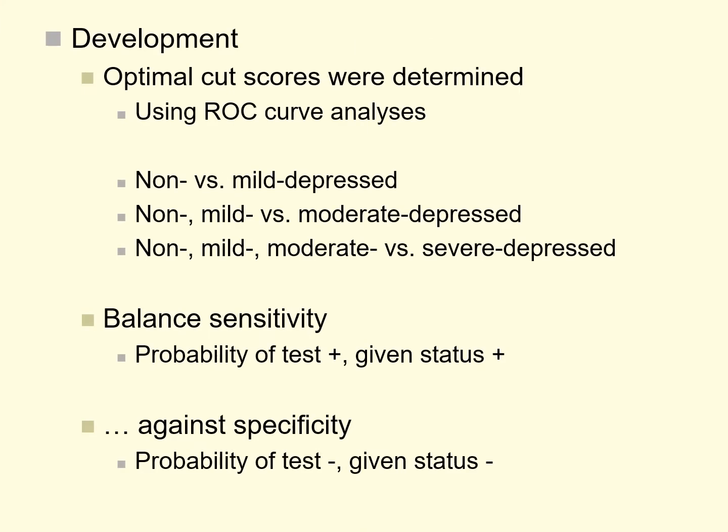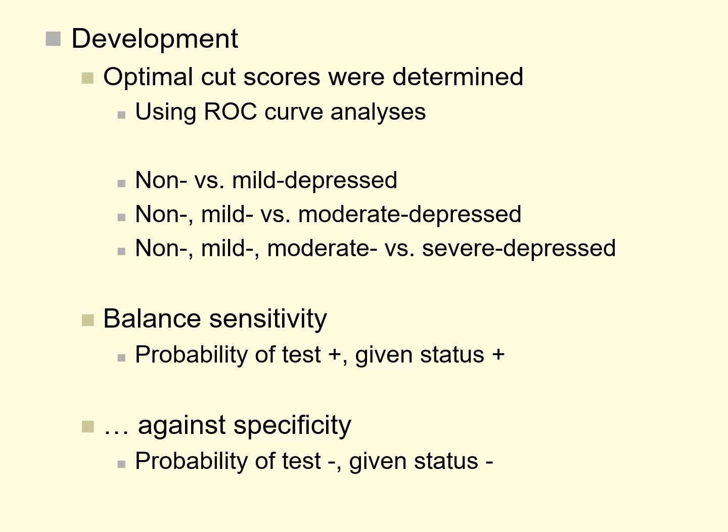Now, the researchers who did this work used ROC curve analysis, which I've discussed in a previous lecture, to develop optimal cut scores to separate non-depressed people from mildly depressed people, non- and mildly depressed people from moderately depressed people, non-, mild, and moderately depressed people from severely depressed people. And if you watched the previous video, and if you thought a little bit about how I tried to describe ROC curve analysis, you know that the basic idea of this approach is we're trying to balance sensitivity and specificity.